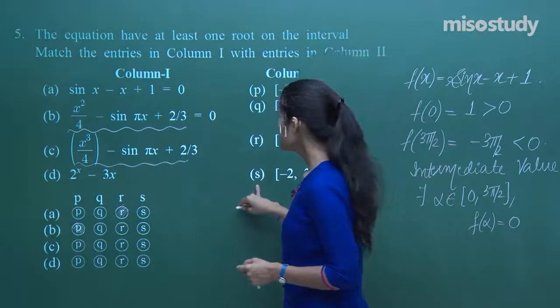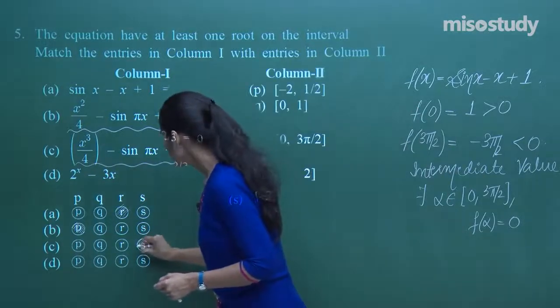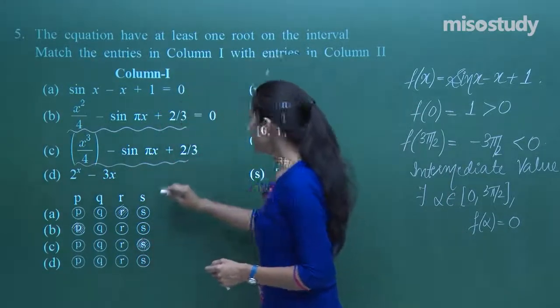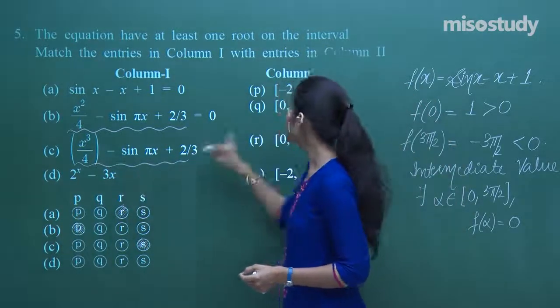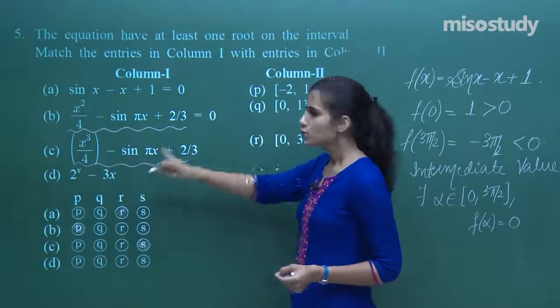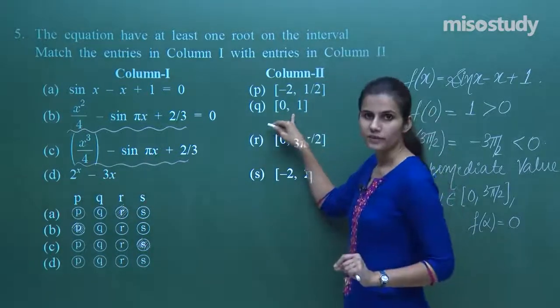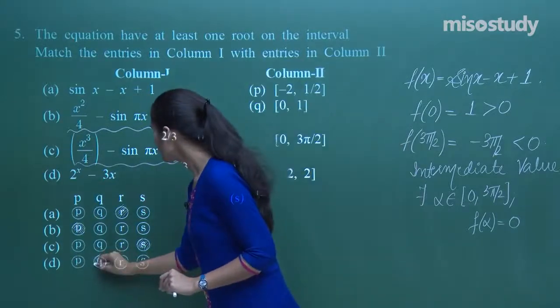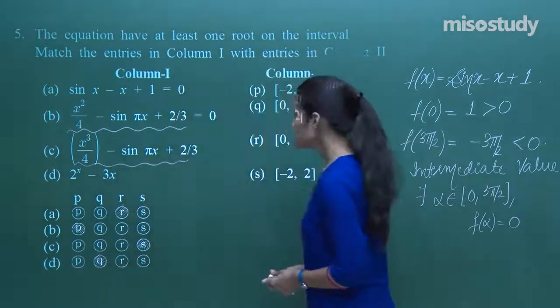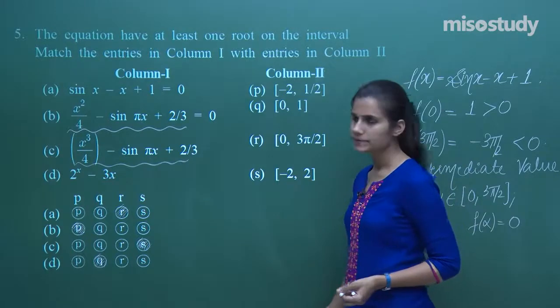So corresponding to C you will be shading S, and similarly corresponding to D it will be this interval, because at 0 this is negative, at 1 this is positive, so somewhere in between it will be 0 definitely. So a root is existing in this interval, that is Q. Continuous use of the intermediate value theorem, nothing else.